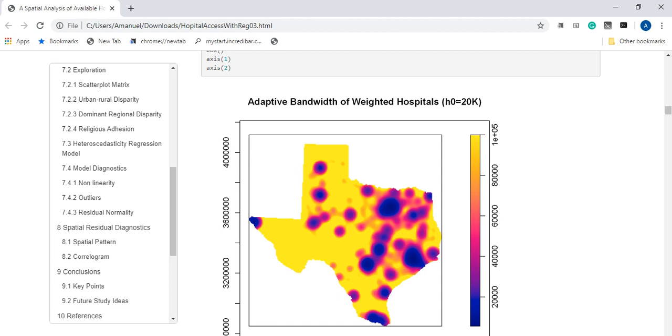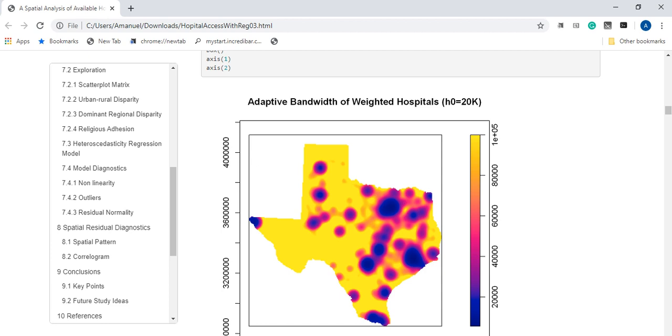In areas with a dense placement of hospitals, which is the dark blue area, the adaptive bandwidth drops to 10 kilometers, which is equivalent to 6 miles, which for urban areas is equivalent to a drive time of 20 kilometers.